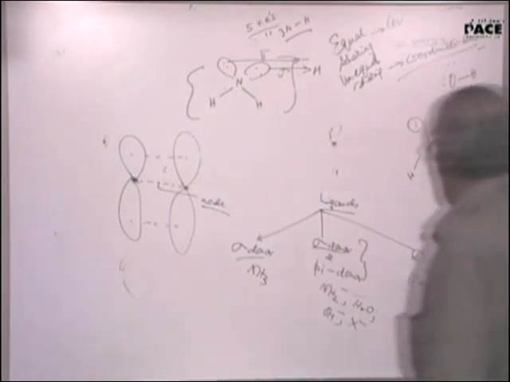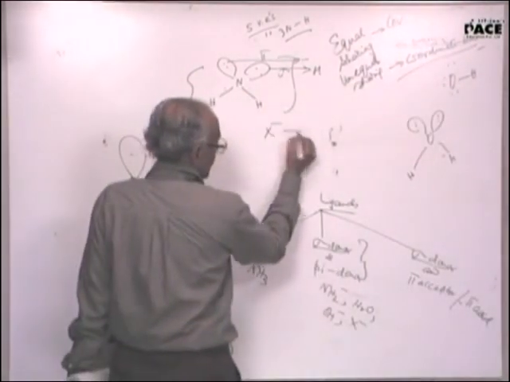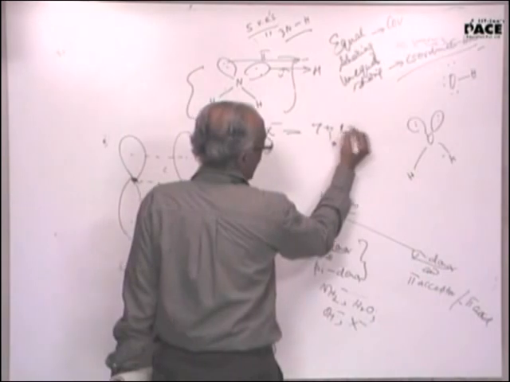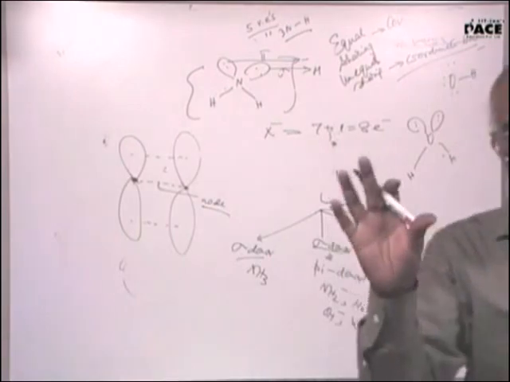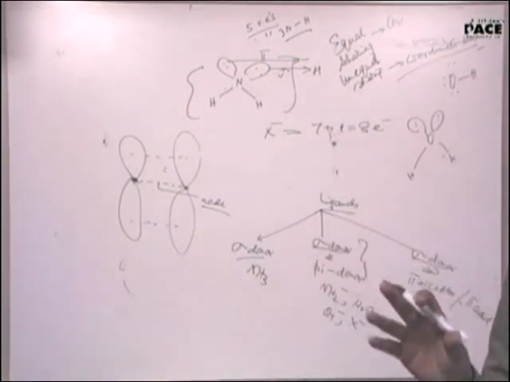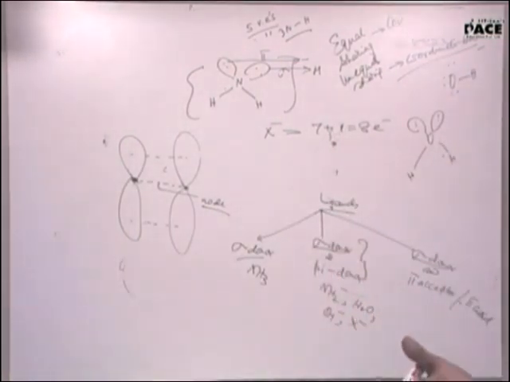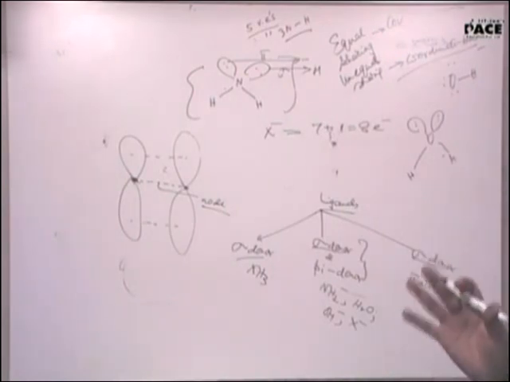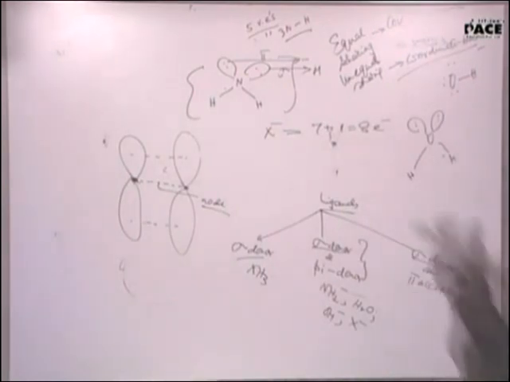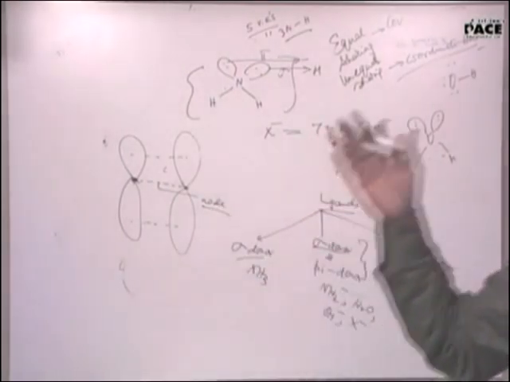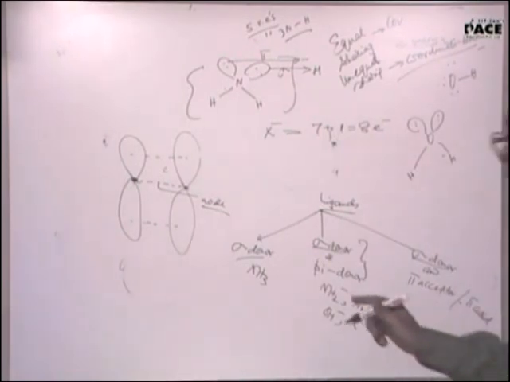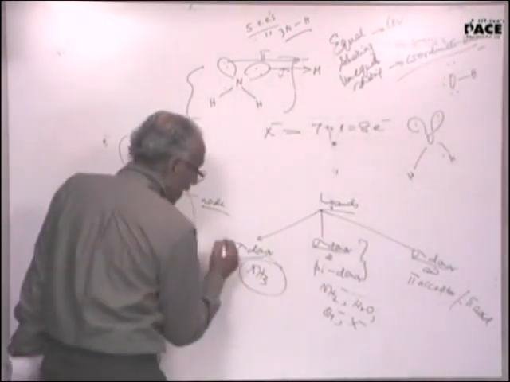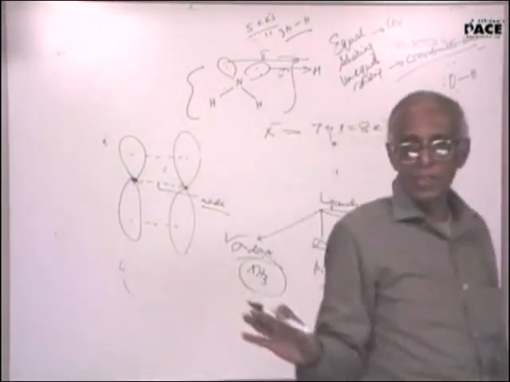Halide: 7 plus 1, 8 electrons. The halogen group has 7 valence electrons, so the halide will have 8 valence electrons, so 4 lone pairs will be there. So you see, all of them can function as a sigma donor as well as a pi donor if necessary. But ammonia can act only as a sigma donor and nothing else.